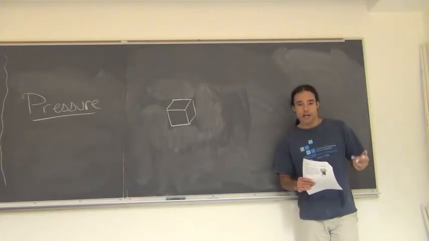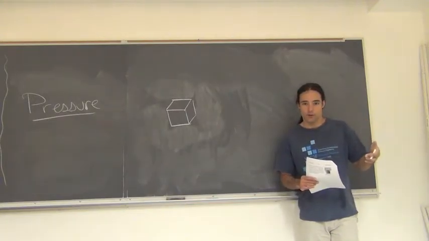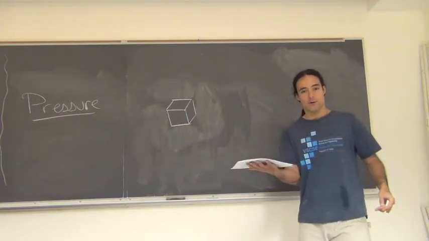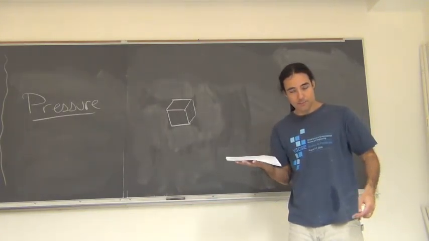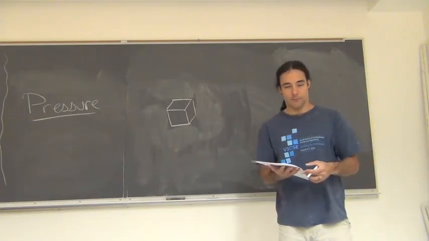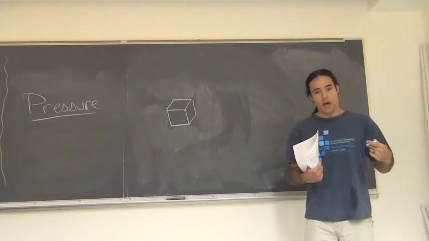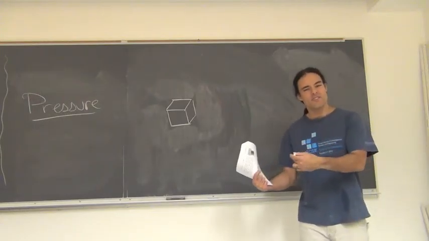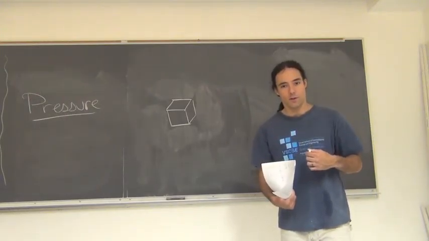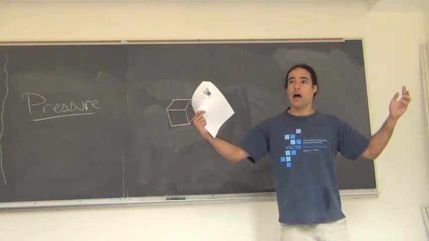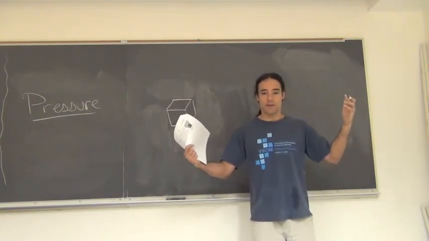It's easy to visualize the force between two solids, right? I have a piece of paper, I can exert a force on the paper and get the paper to accelerate. It turns out fluids can also exert force, but in some sense it's more difficult to visualize what that force looks like. So right now, I am being bombarded with air molecules.